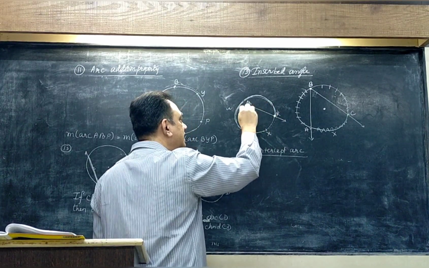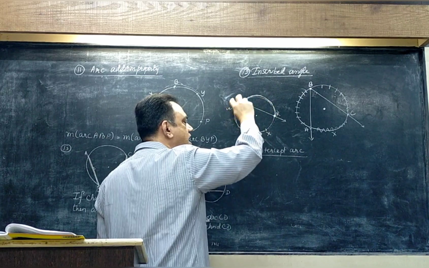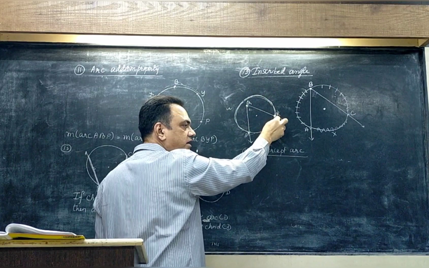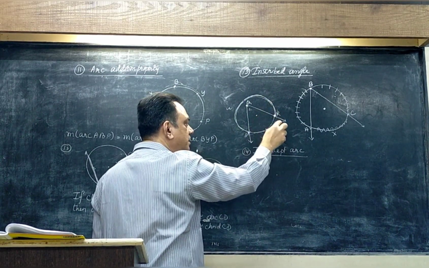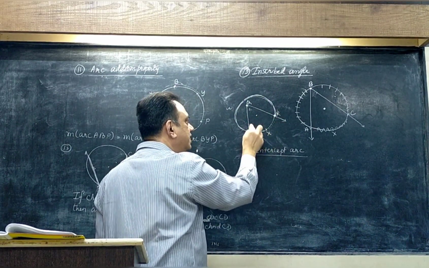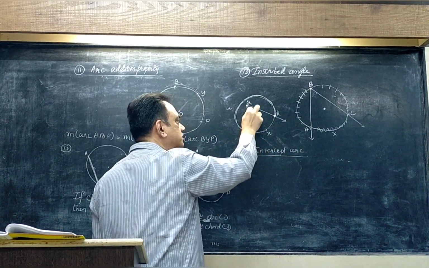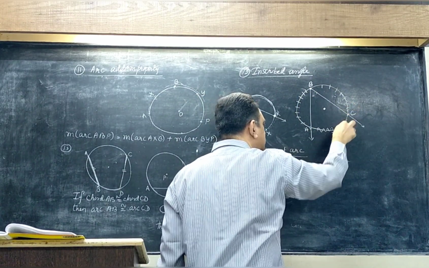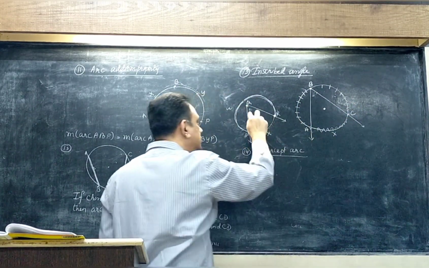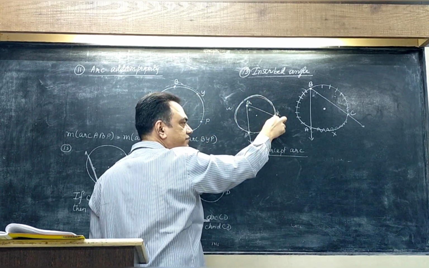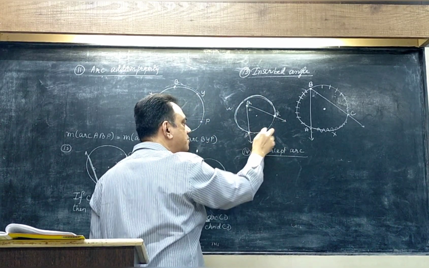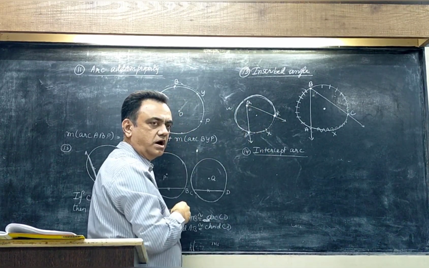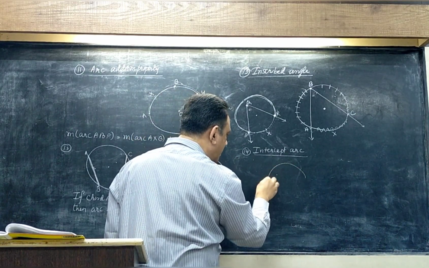Though the angle is not inscribed in the arc of the circle, this is still called the intercepted arc for this particular angle. This angle is inscribed in this arc, and this is its intercepted arc. This angle is not inscribed in the arc of the circle, but still arc PXR is the intercepted arc for angle PQR.